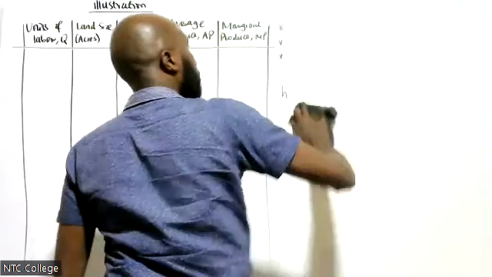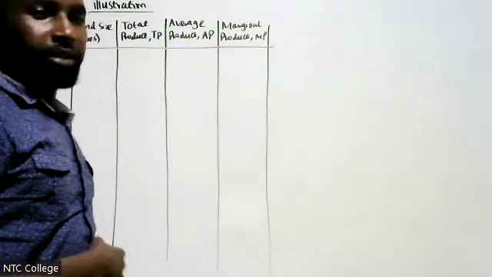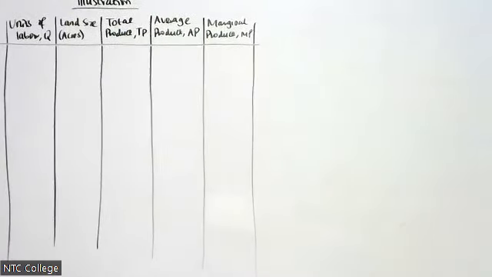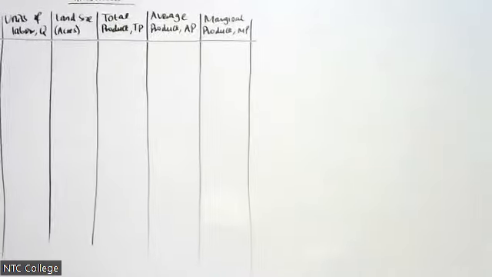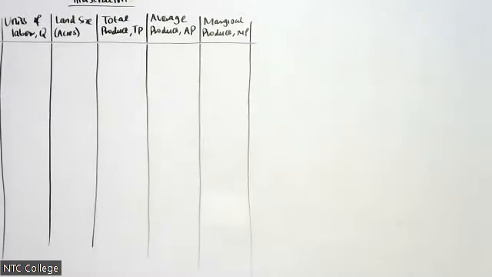I'm trying to get a point whereby I can come up with these three, and I don't know whether this space will fit, but we'll see. The units of labor are changing by one unit across the row, from one unit of labor up to 10.